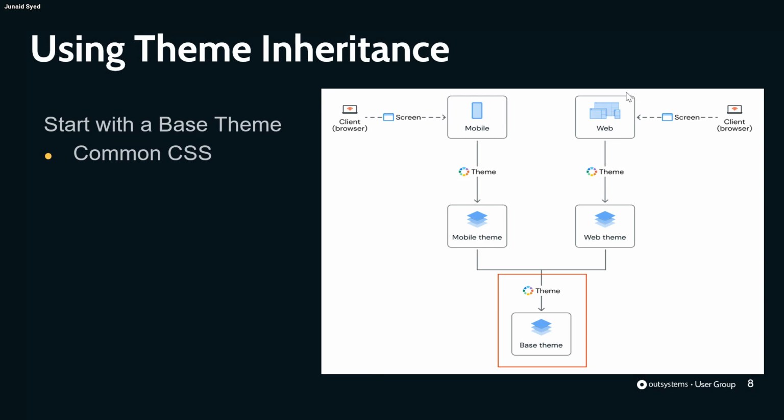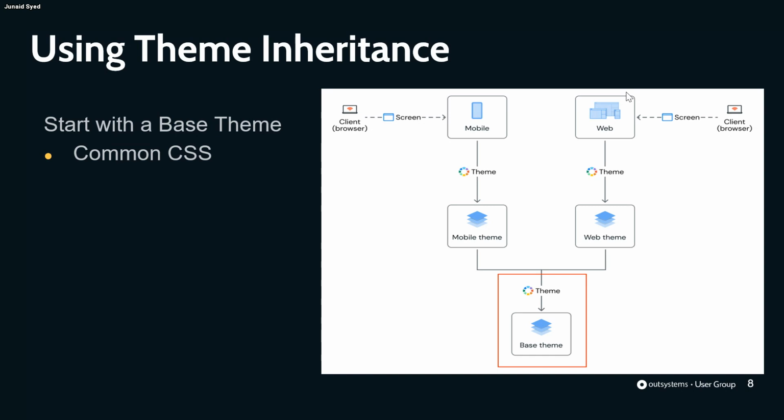And then we will create another layer on top of the base theme, which will be the mobile theme for the mobile application and a web theme for the web application. Now our mobile application will take a reference of the mobile theme, and the web application will take a reference of the web theme. So this way we have introduced inheritance in the theme, right?